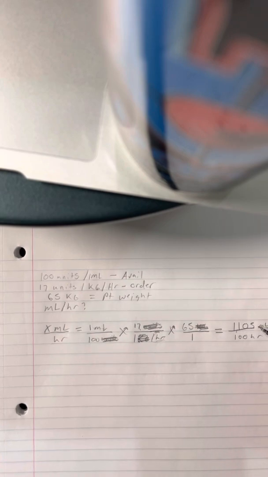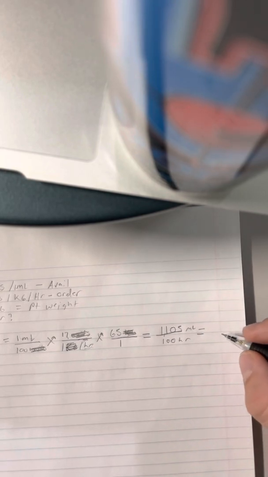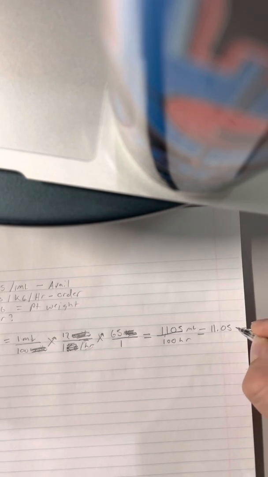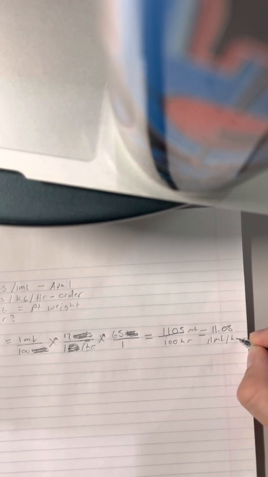So 1,105 divided by 100 is going to end up being 11.05. We need to round to the nearest whole number. That's going to be 11 mL. So we can go ahead and get rid of this. That's going to be 11 mL per hour.